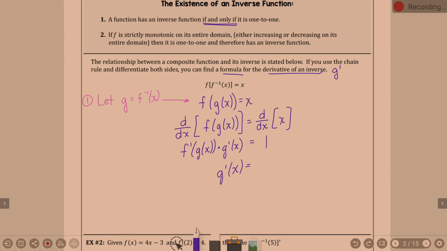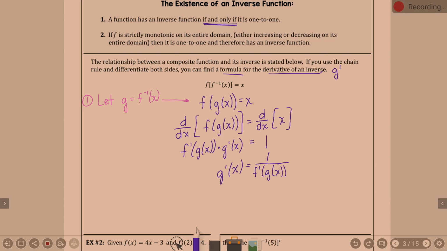So in order to get G prime of x by itself, we're going to divide by f prime of g of x. So I'm going to have 1 divided by f prime of g of x. And there's your formula.